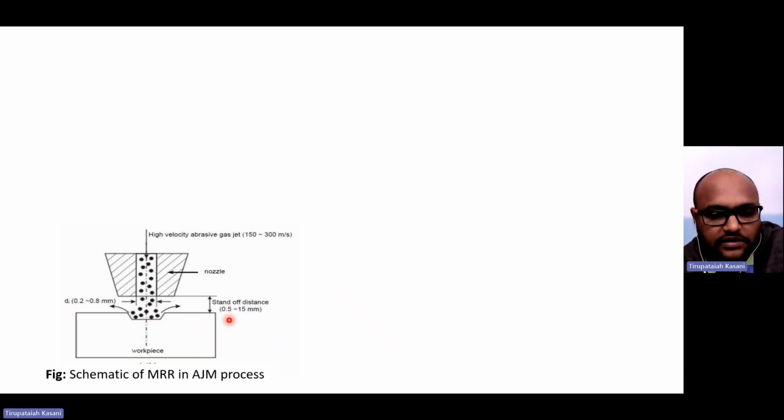Okay, here is the distance between the nozzle tip and the top surface of the workpiece. We can call it the standoff distance. The typical value will be 0.5 to 15 mm. That will vary from material to material, and with the size of the groove that we need, and the size of the machining area we require at the top surface of the workpiece.